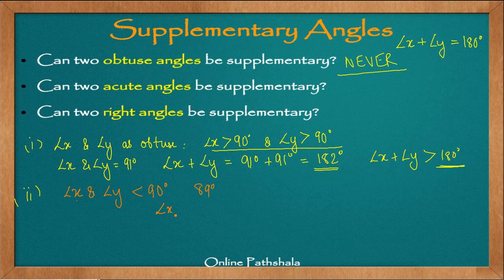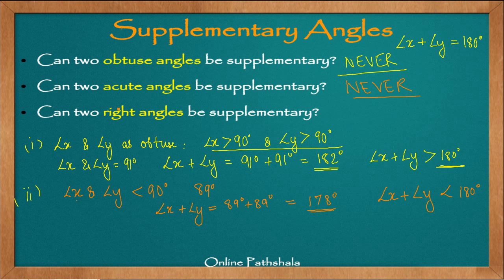Angle X plus angle Y equals 89 degrees plus 89 degrees, and when we add this, it comes out to be 178 degrees, which means angle X plus angle Y is actually less than 180 degrees. So two acute angles can never be supplementary.